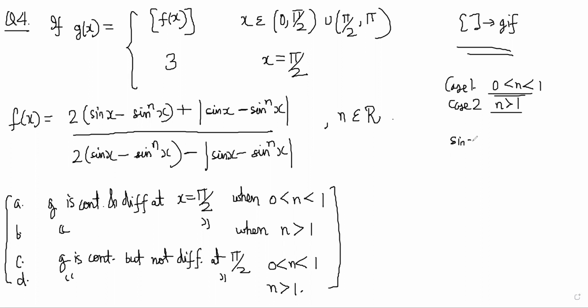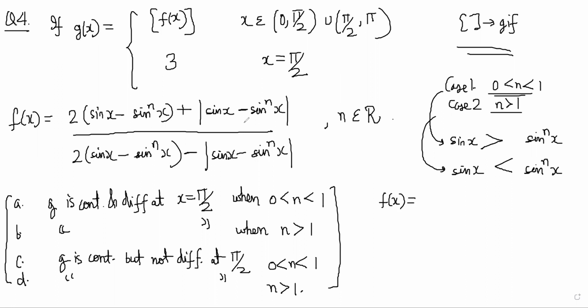Because sin x and sin^n x we can compare in those two cases. In one case it will be greater, in the other it will be lesser. Then the mod you can easily evaluate. So let's do case 1 first. Sin x is greater, so that is positive.